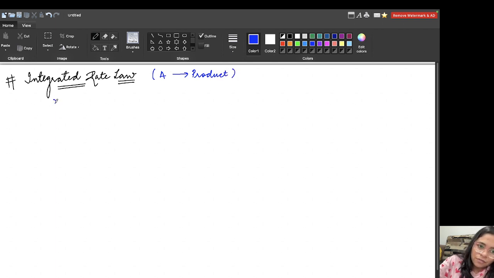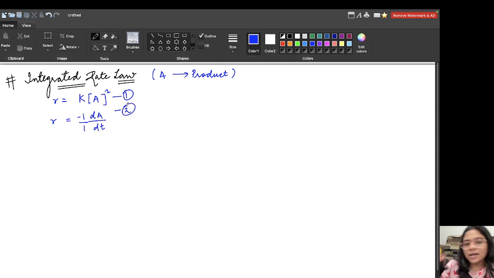So your rate will be equal to K[A] raised to the power 1. This is my first expression. Also my rate equals minus 1 by 1 d[A]/dt. That's the second. Both are rates only, so we can compare them, right? Equate both of them. What will you get? Minus d[A]/dt will be equal to K[A] raised to the power 1.